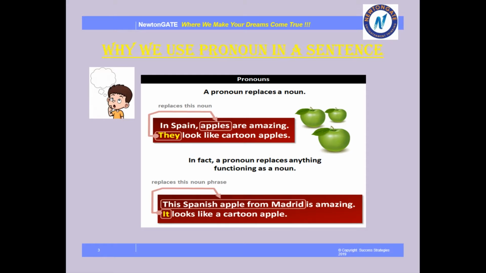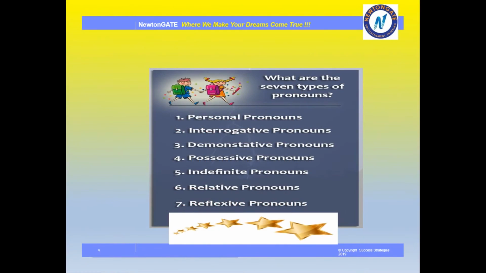Okay, there is no need to say that apples are amazing, apples look like cartoon apples. No, instead of apples, you can use they in a sentence. In fact, a pronoun replaces anything functioning as a noun. Okay, if it is functioning like a noun, then you can replace it there also.